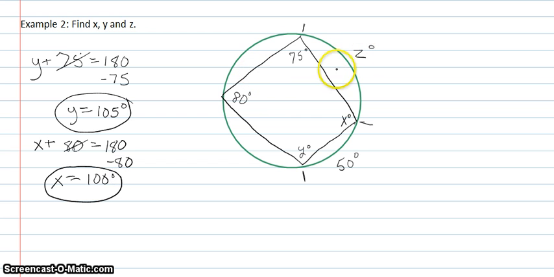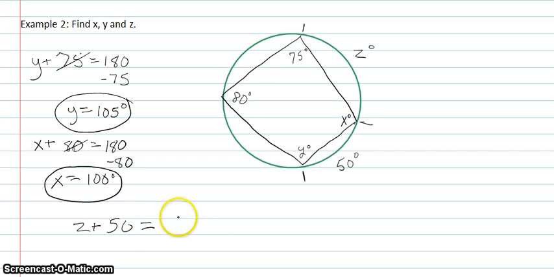Now on z, we know that an inscribed angle that's on the opposite side of the circle, it would double to equal the degrees of the arc on the opposite side. So I'm going to say z plus 50, because that's what the 80 opens up to, the z and the 50 both.